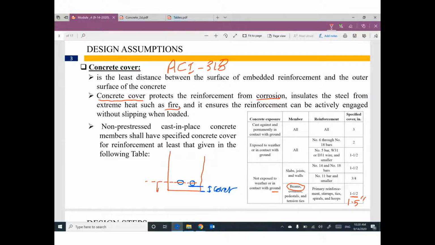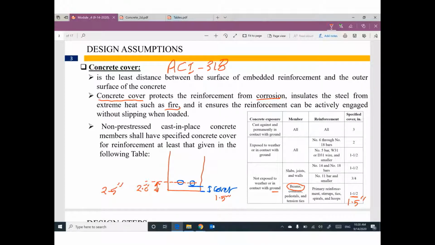So we have to add half diameter of the steel bars. In my opinion, I don't care about half diameter or all of this stuff. If this cover minimum is 1.5, I'm gonna assume this cover 2 inch or 2.5 inch. I'm gonna increase it by 0.5 inch or 1 inch more.